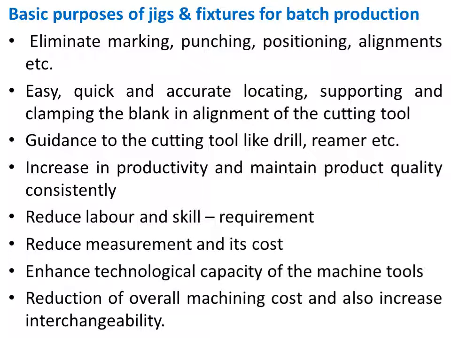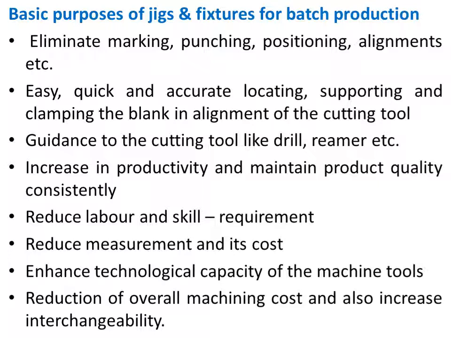Then the last point is reduction of overall machining cost and also increase in interchangeability. How do you get the overall machining cost reduced? Because there is no inspection, there is no trial and error method in marking, so the process becomes fast.